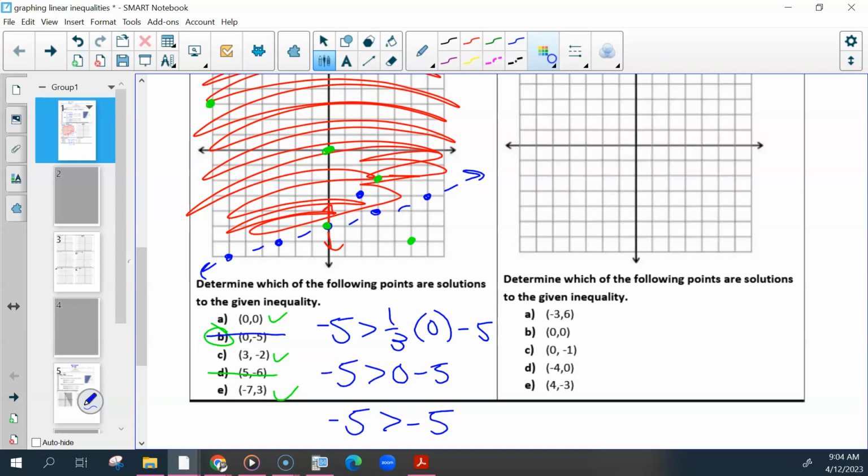Someone else give me another one? Positive 2, that works. Someone else give me another one? One, and then one more. Someone else give me another one. Regina.